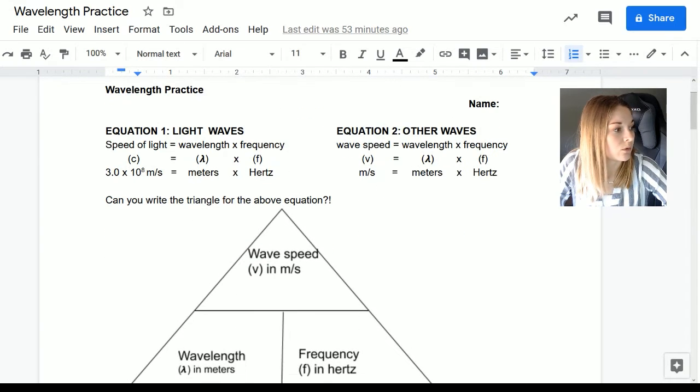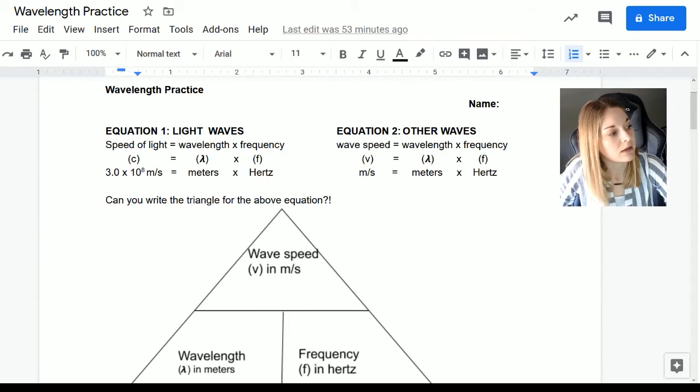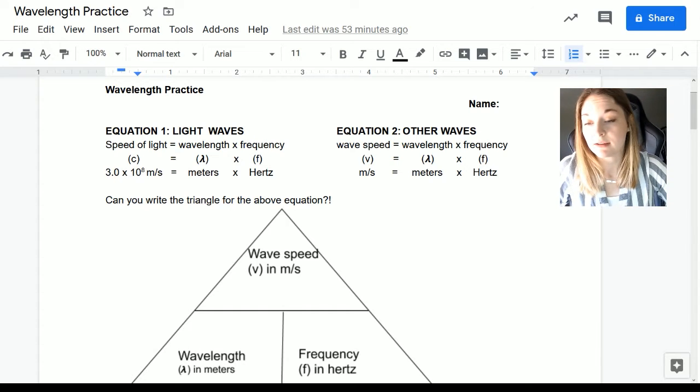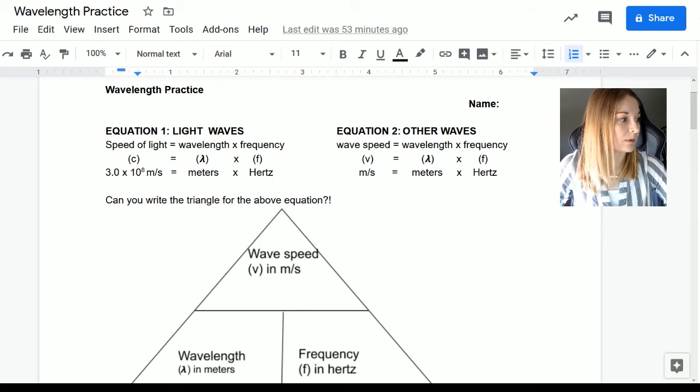And we know that light travels at a speed of 3.0 times 10 to the 8 meters per second. That is in scientific notation. So if I were to put that in standard form, I would be moving that decimal 8 spots out to the right. Then it's still lambda and meters and hertz. So the only thing that changed there was I know my speed.